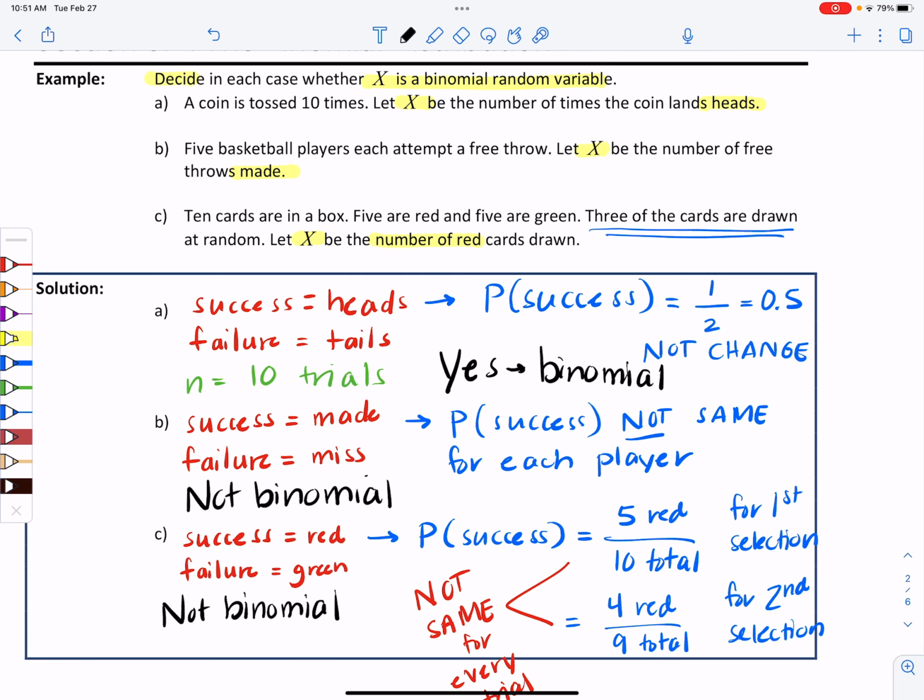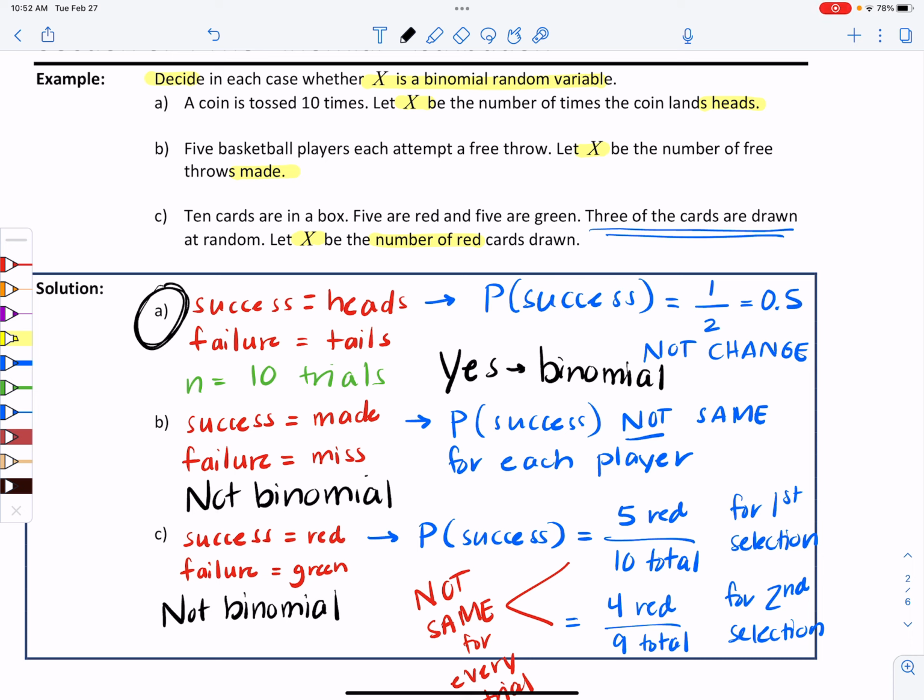This is what I want you to practice with a little bit before we go through the remainder of this section. Everything else that we talk about in this section, finding probabilities, finding mean and standard deviation, will only apply to a situation like A, where what we have is binomial. Situations like B and C, where the conditions are not met, these methods would not be appropriate to use.